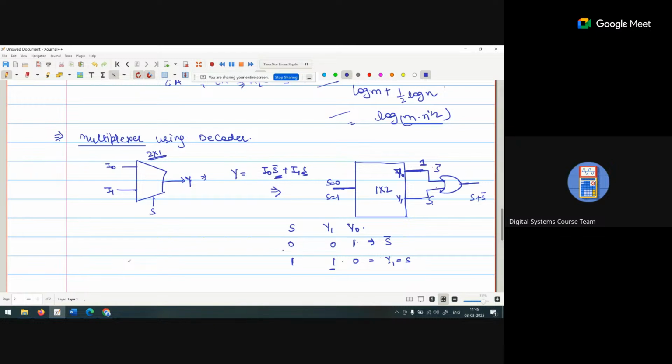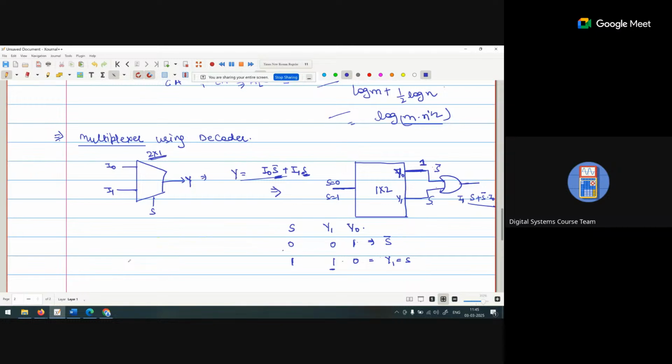Now what we require, when I compare this equation with this one, is that S will be multiplied with I1, and S bar multiplied with I0.